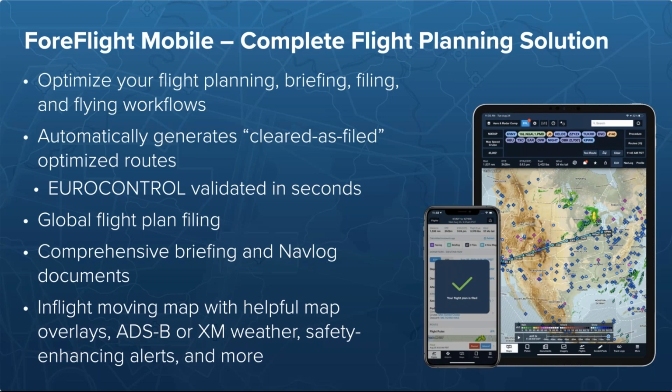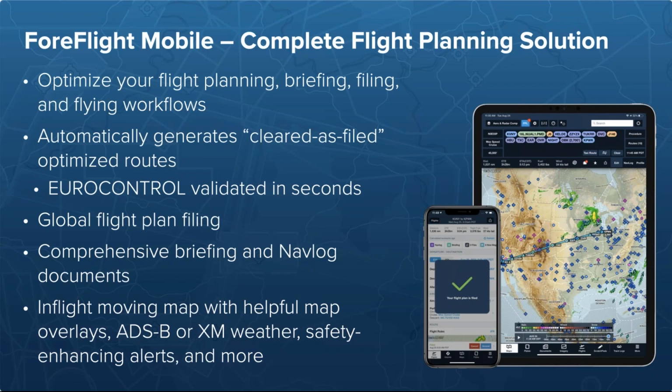In the Eurocontrol area, Eurocontrol validated routes are cleared and returned within seconds. So very powerful flight planning engine that drives the ForeFlight mobile platform. And it does work on a global basis. Flight plans can be filed around the world. So it's very efficient in that respect.